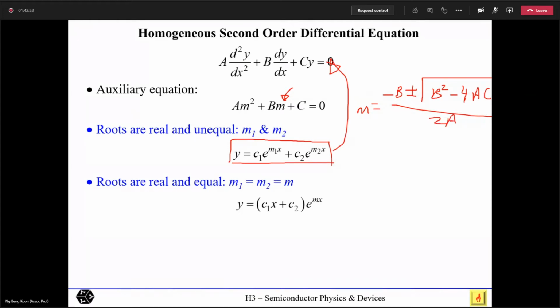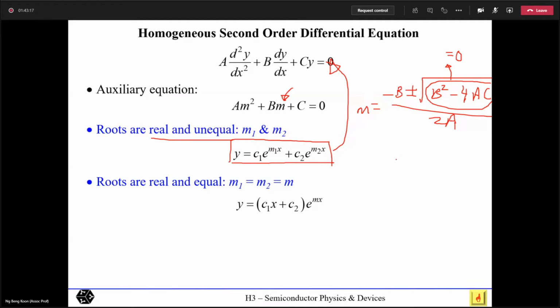If the value in this square root term is positive, then you will have real and unequal roots. In a case where the value in the square root term is equal to 0, you find that your root is just the same value, minus b over 2a. So it's a repeated root.